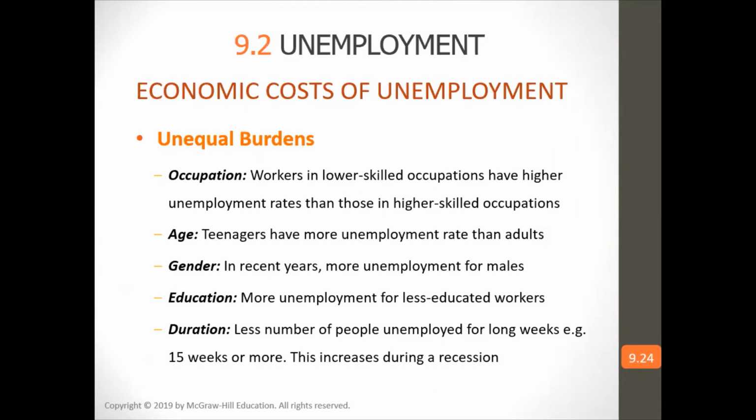So workers in lower skilled occupations have higher unemployment rates than those in higher skilled occupations. They're more replaceable when they don't have a lot of skills, right? But if they have a lot of skills, they're less replaceable because higher skilled people are rare.